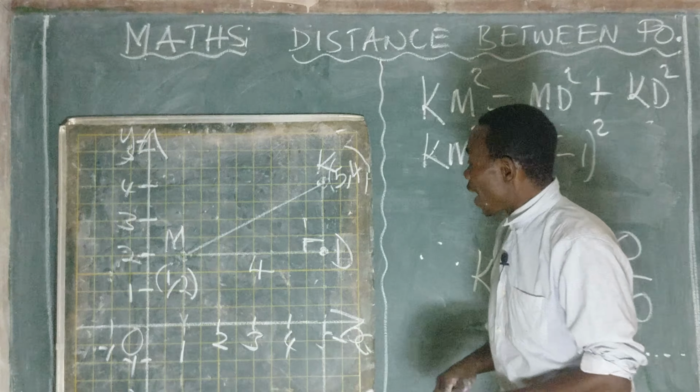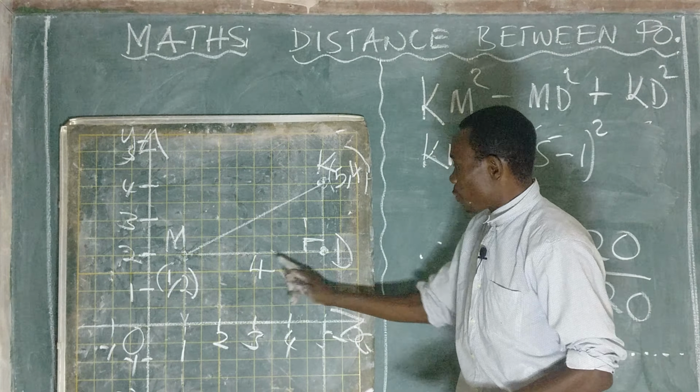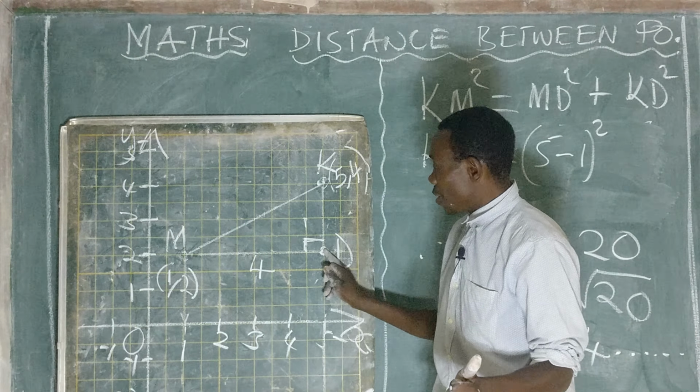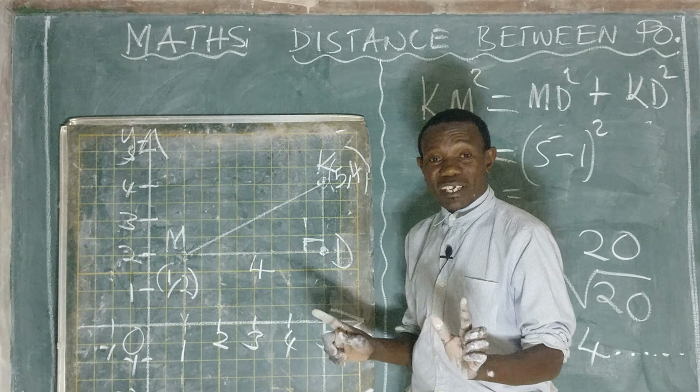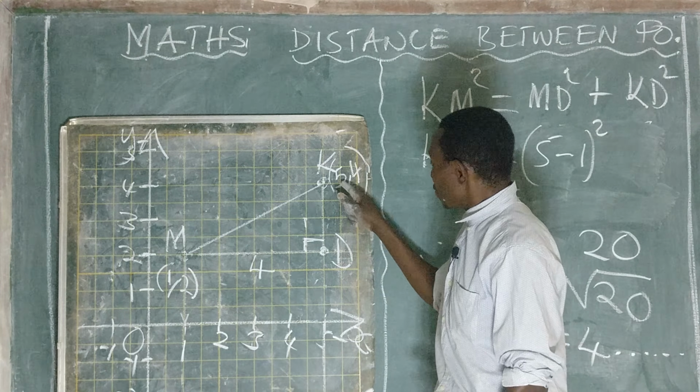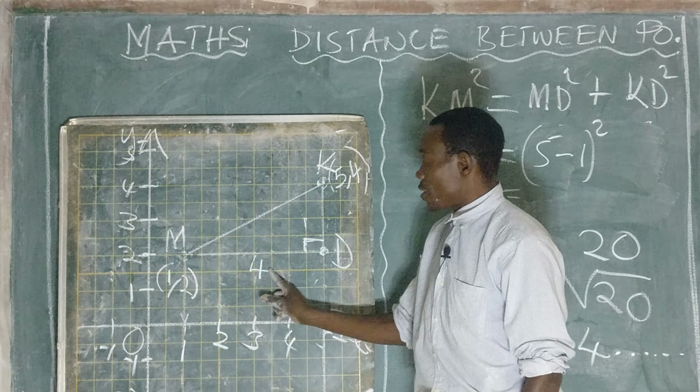But there, that 4 we had was just a matter of counting the units from here up to that. How many units do you have? 4 units. But now if you consider the coordinates, you find that this 4 units is as good as getting the change in x coordinates. So it's just like 5 minus 1, it's the same 4.